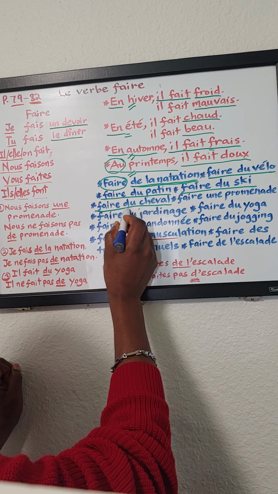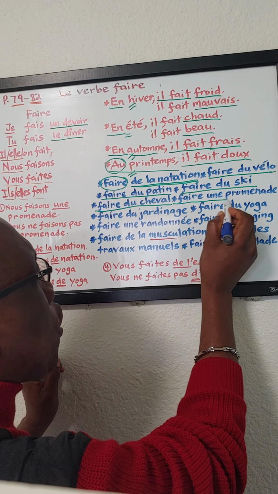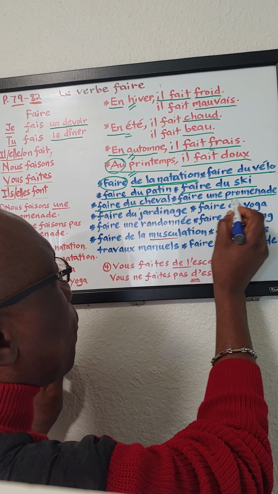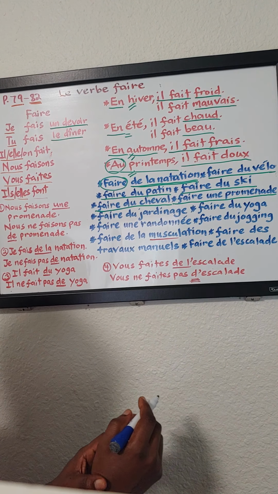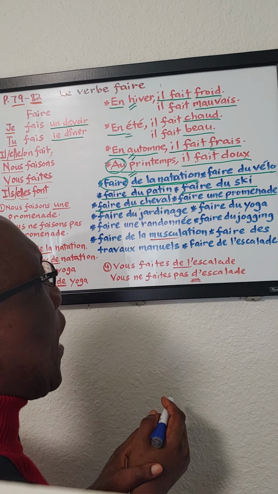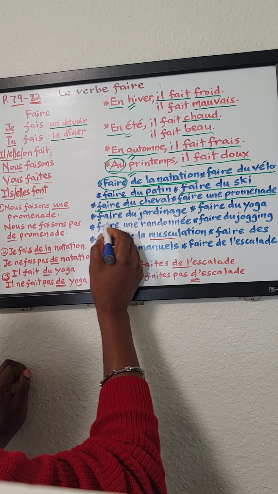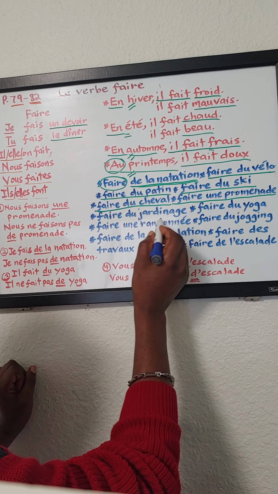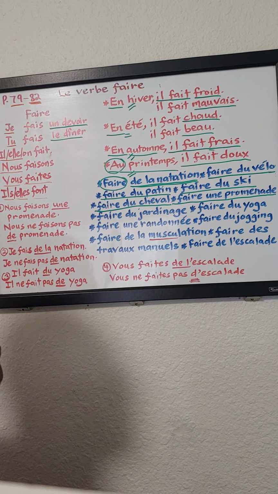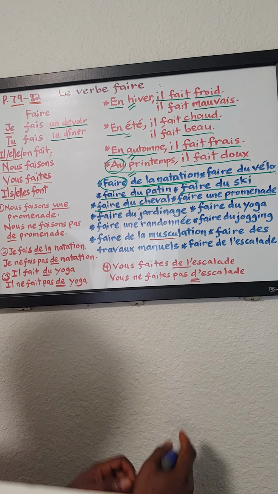Faire une promenade. Promenade, walking, to go walking. Faire du jardinage. To go gardening, all right? To do some gardening.